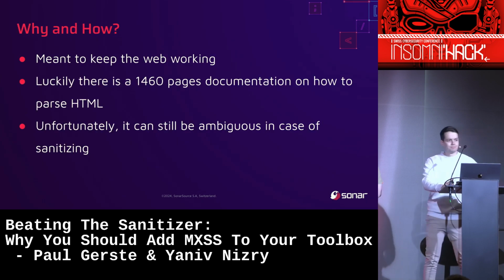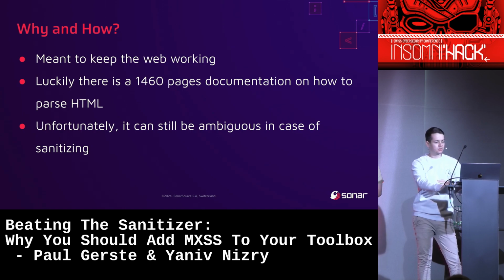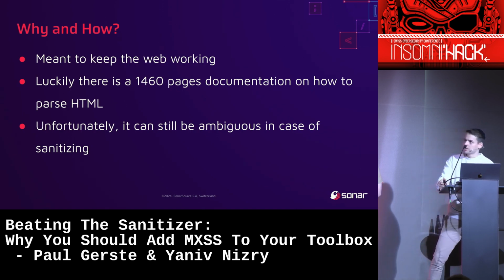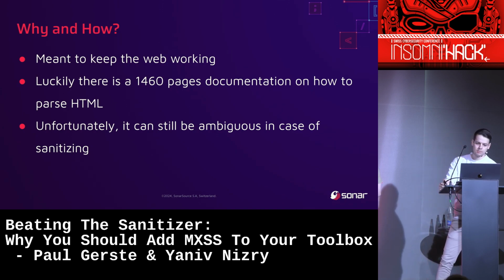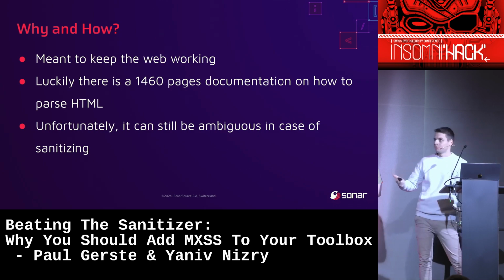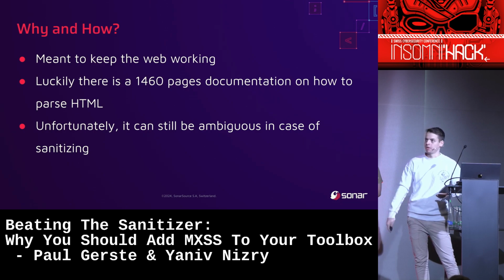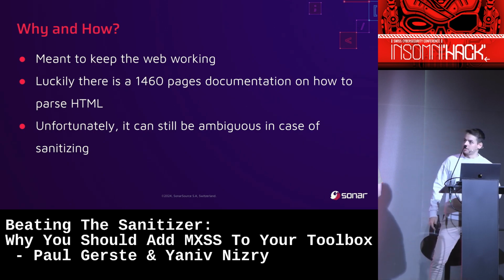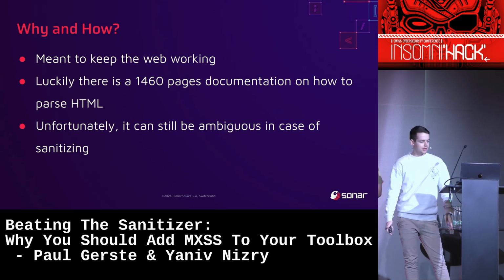As for why HTML does that, it's quite logical: imagine every small mistake of a developer crashing the whole website. We don't want that. And as for how, luckily there's a 1,500-page-long documentation on how to parse HTML. Unfortunately, when it comes to sanitizers, it still leaves some open questions.